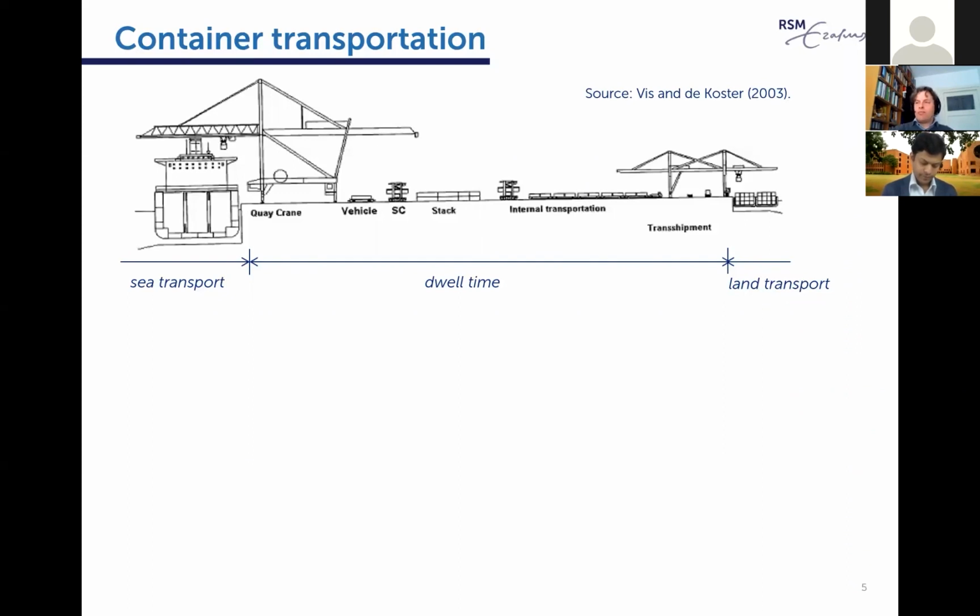But actually, dwell time can also be recognized as a signal of the supply chain characteristics. So sometimes containers remain for a longer time at the sea terminal, not because the sea terminal is inefficient, but because the shipper involved, the owner of the goods, if you want, is actually not so much in a hurry.